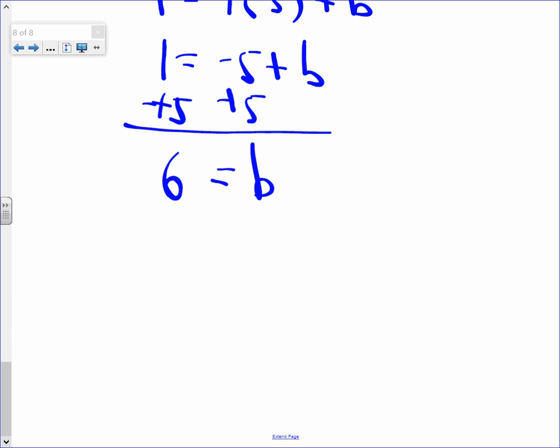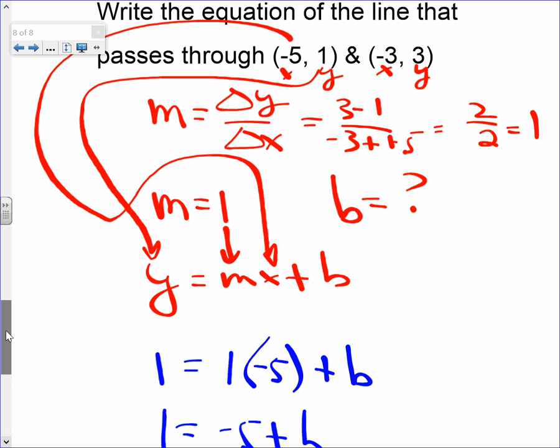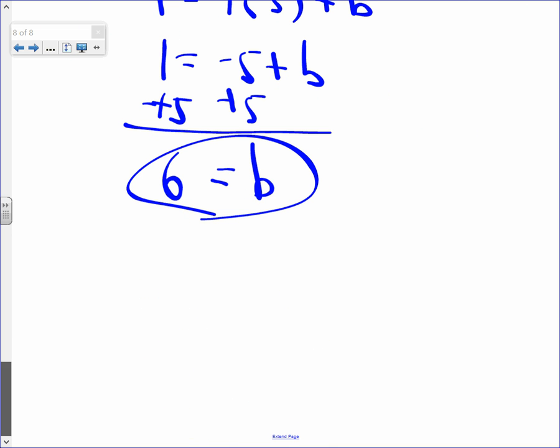So our line then, we're ready to write it. We have our b, we have our m. y equals 1x plus 6.